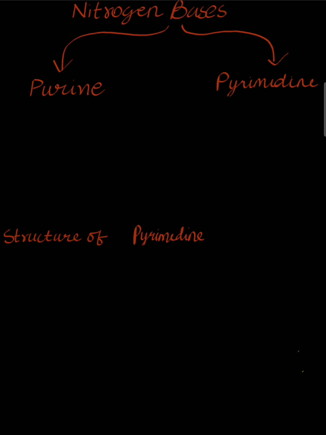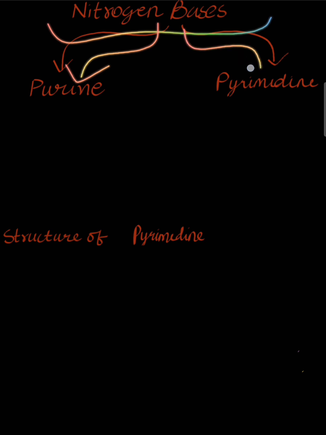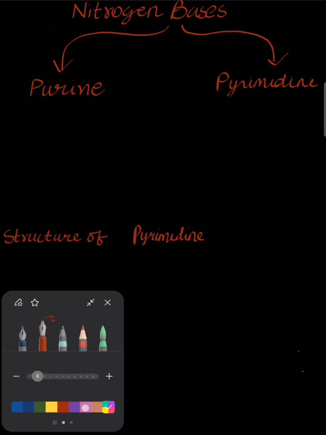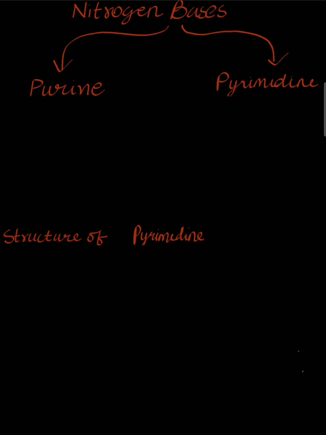So let us start. Nitrogen bases can be classified into two types, purines and pyrimidines. When we talk about purines, there are two nitrogen bases. The first one is adenine, and the second one is guanine.